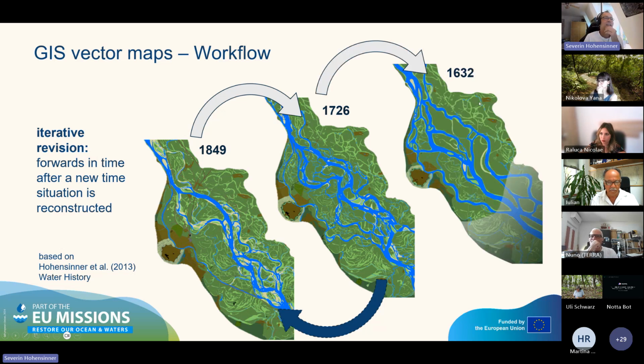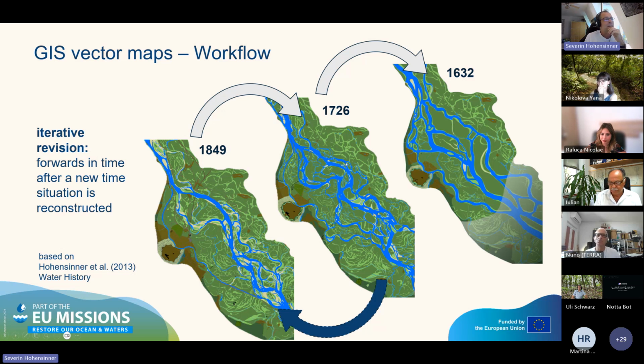And here we see, okay, there was a river arm, and in 1726 this was no longer of interest, but somehow there must be some relic, a fragment of this in the river landscape, because we know how long it takes for certain riverine structures to vanish because of terrestrialization, sedimentation and so on.